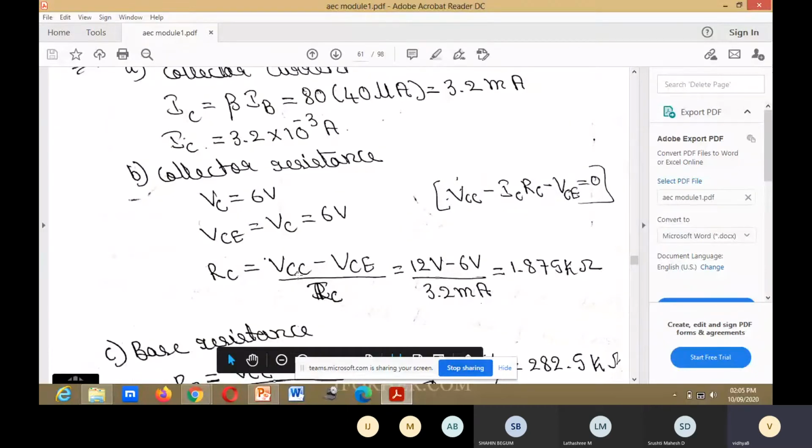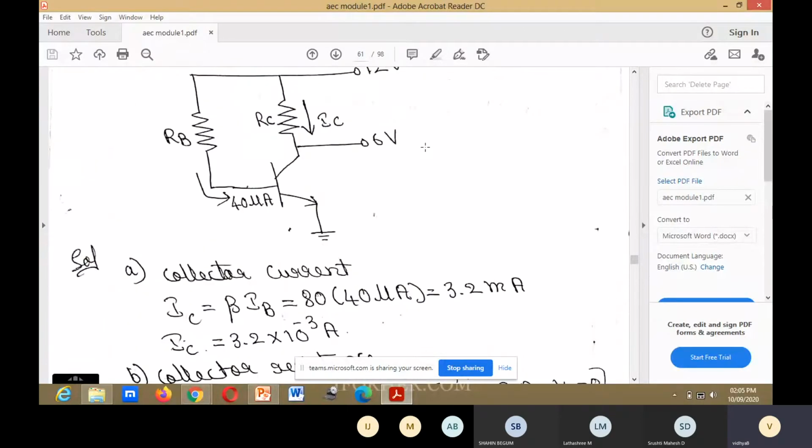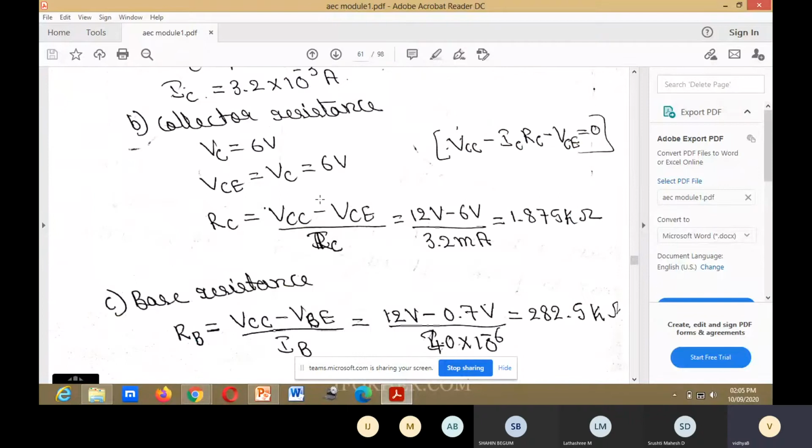VCC they have given 12 volts in the figure, and VCE is equal to VC, which they have given in the figure as 6 volt. So substitute VCC value 12 volt, VCE value 6, and IC value 3.2 into 10 to the power of minus 3 amps. If you solve that, you'll get 1.875 kilo ohms.